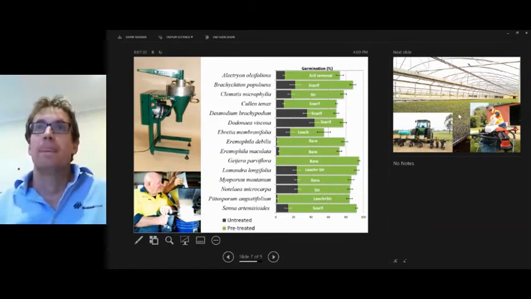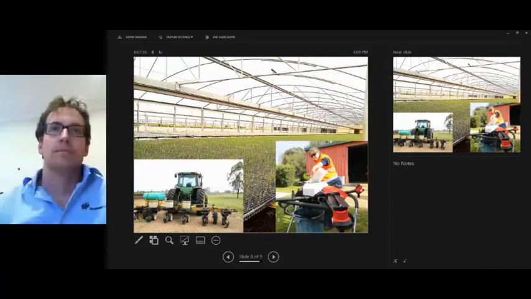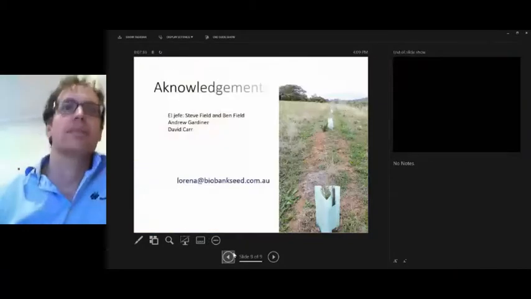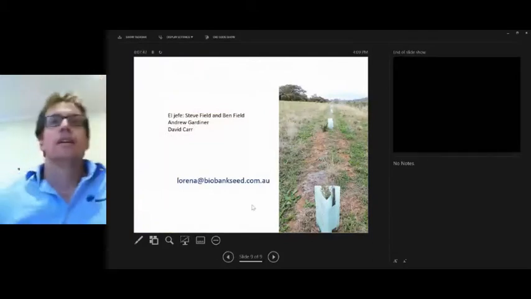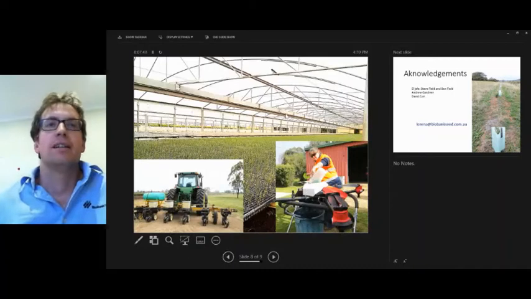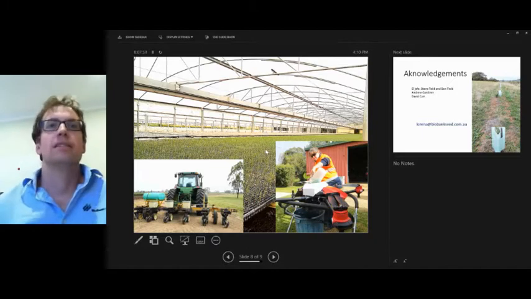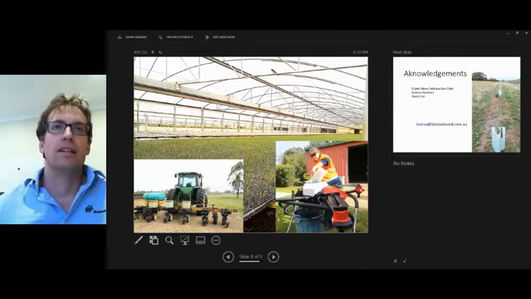So the aim, our goal here, is essentially to use seed of some of these difficult species and convert that into commercial use.